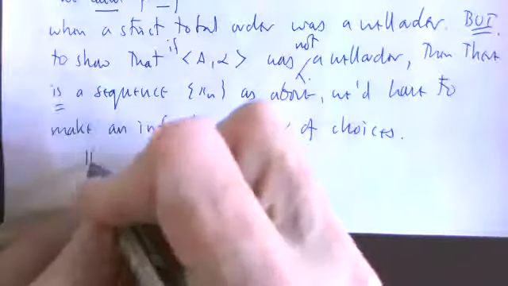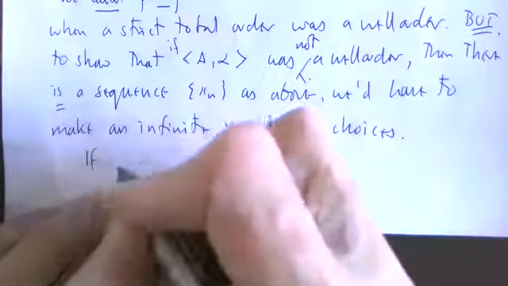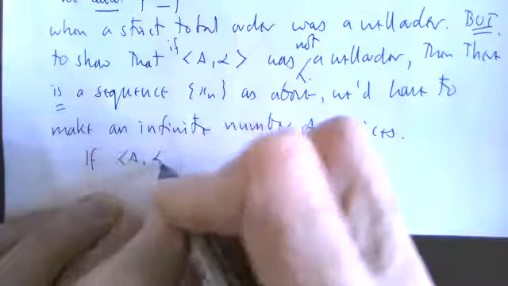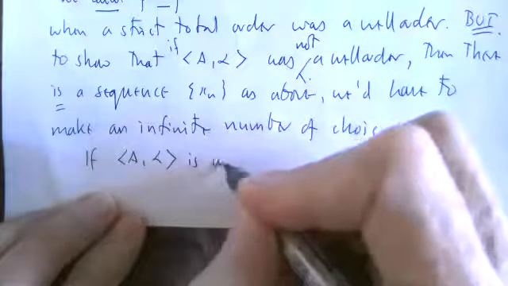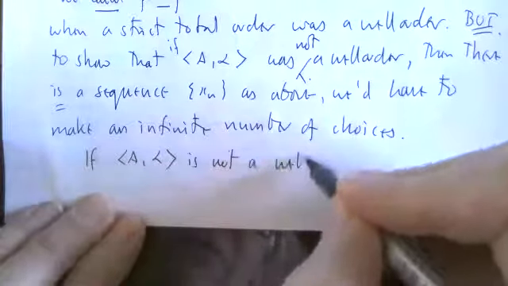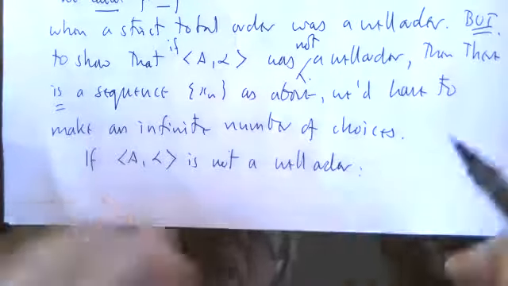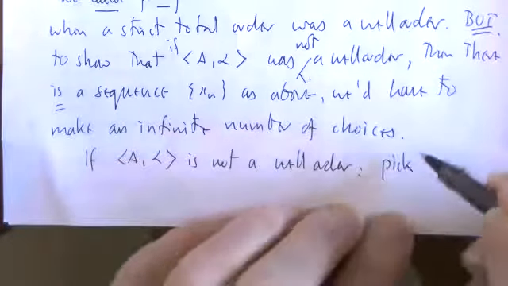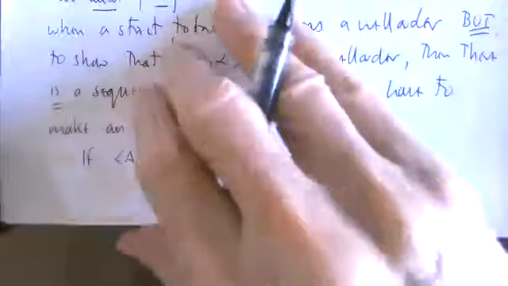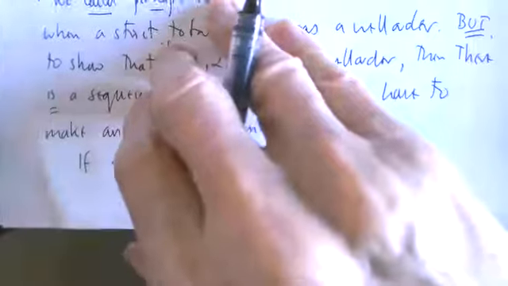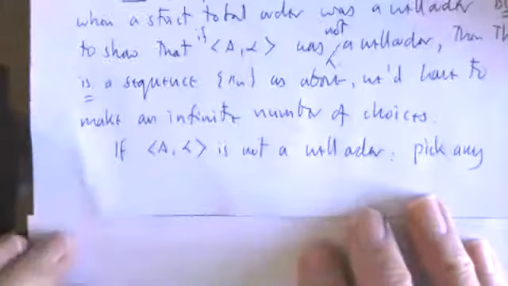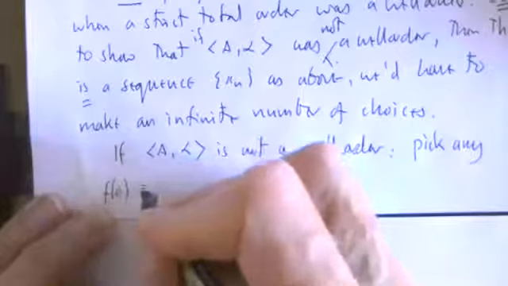I mean, what would we do? We'd be saying, if this is not a well order, okay, pick any x0. I'd be thinking of this as like a function.